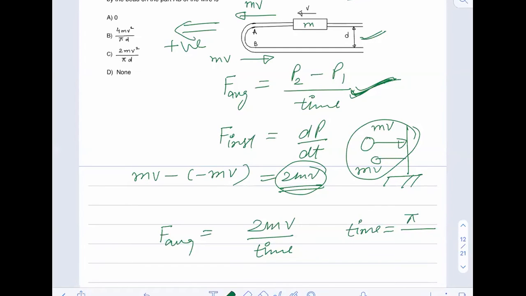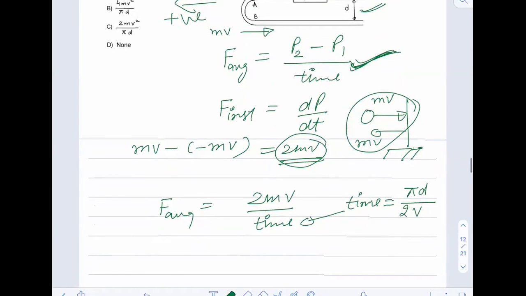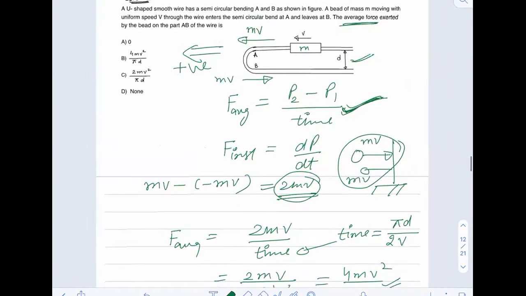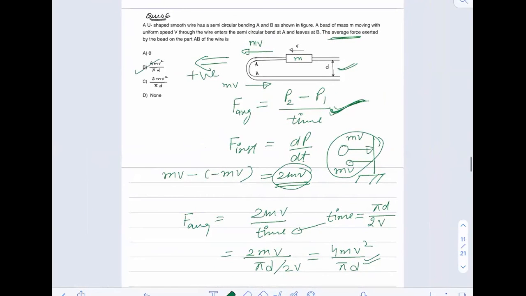Distance will be pi d by 2, and what is the speed? 2v. So just put it here. So what I am getting? 2 mv divided by pi d by 2v. So it becomes 4 mv square by pi d. So correct option is B.